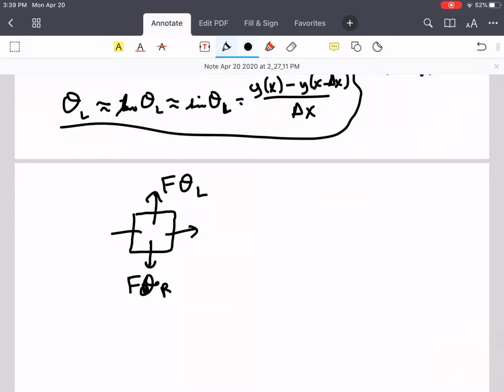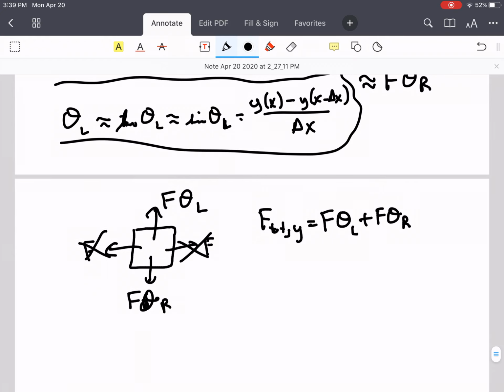There are also forces acting in the x direction, which at leading order are just both given by the tension, so they cancel each other out. So the total force in the y direction is equal to F theta left plus F theta right. I should be a little careful. The way I've drawn it, you add these two together, you don't subtract them, because theta r happens to be negative in this case.